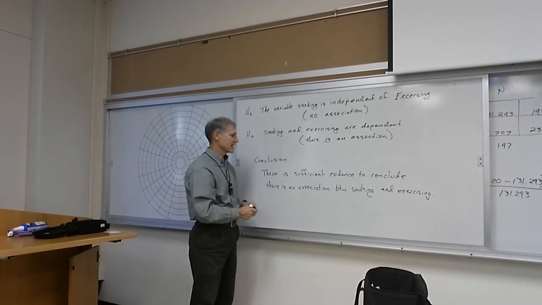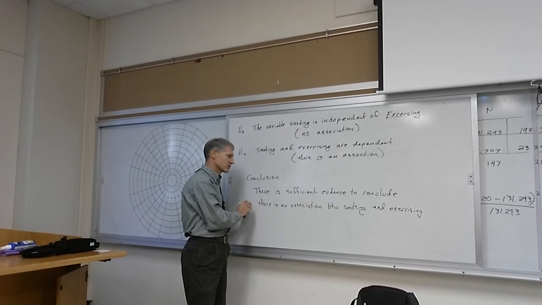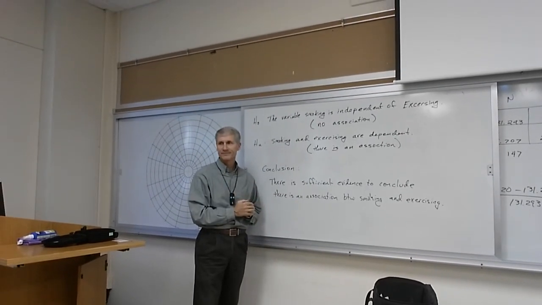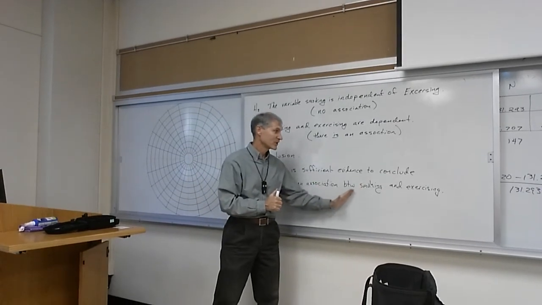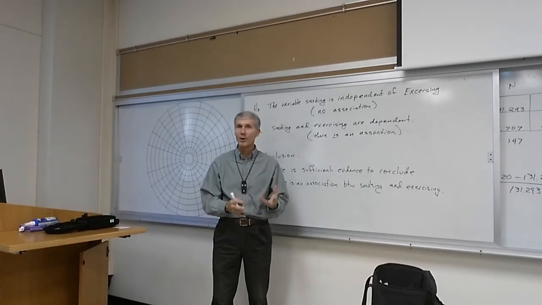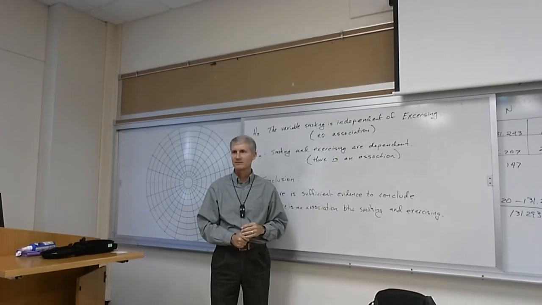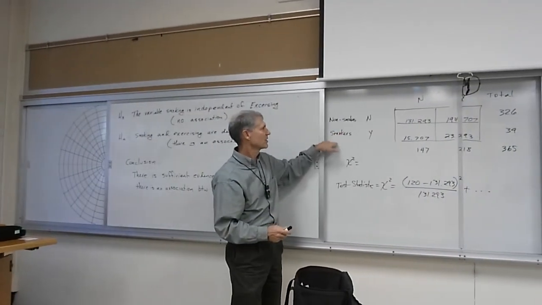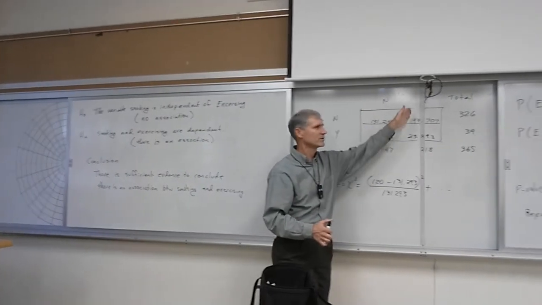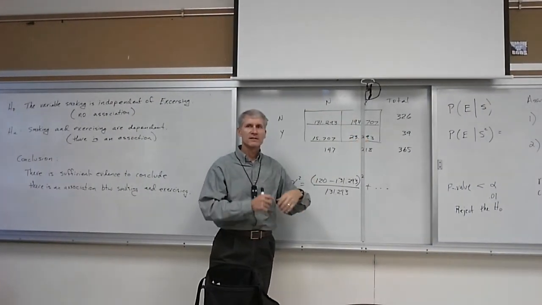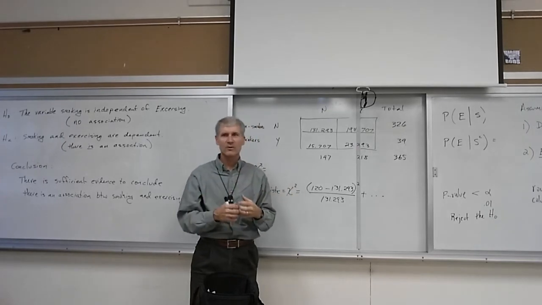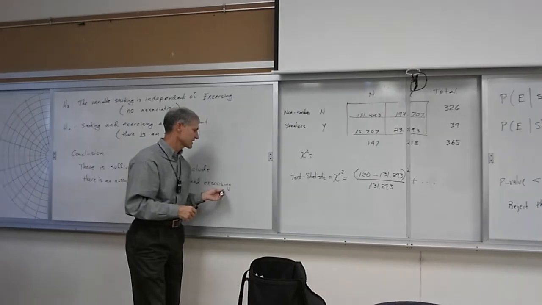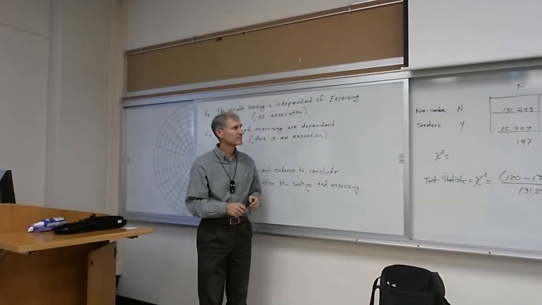If on the test you write, there is sufficient evidence to conclude there is an association, period, minus 1. Right? Association between what? I got to know that you know what it is you're actually testing. I'm testing to see if my row variable, which was smoking, and my column variable, which is exercising, seem to be related, or if they seem to be independent. Right? We have evidence to say they're related or associated.